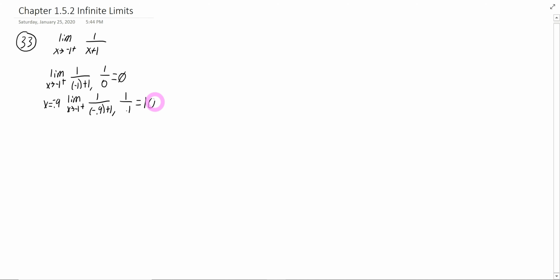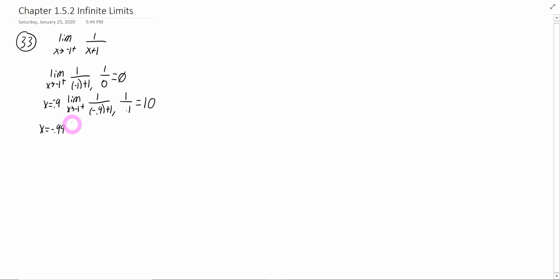Now this is our first value, but we're going to have to keep getting closer and closer to -1 in order to determine if there's some sort of correlation or effect that can help us figure out this one-sided limit. So the next value that we're going to test is x equals -0.99.